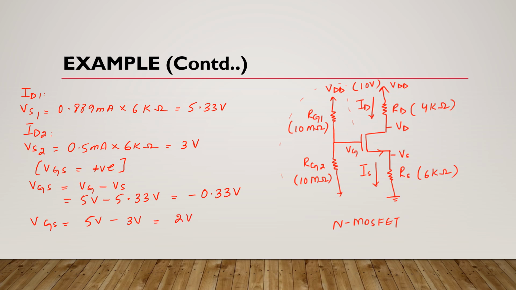It means the value of 3 volts is giving us positive gate to source voltage. It means here the value of source voltage will be 3 volts and the value of drain current will be 0.5 milliamperes.